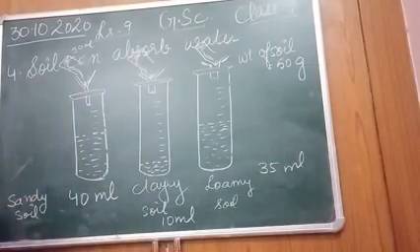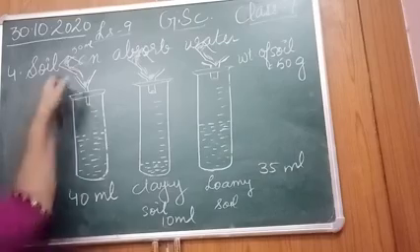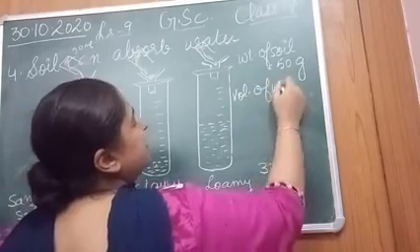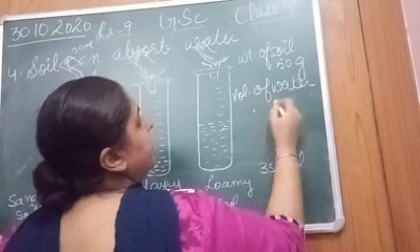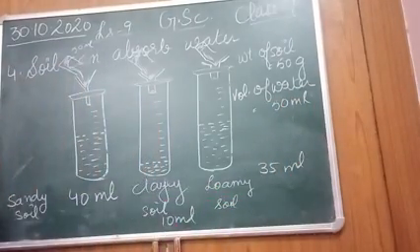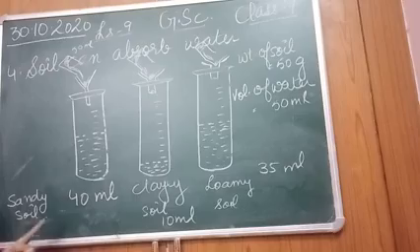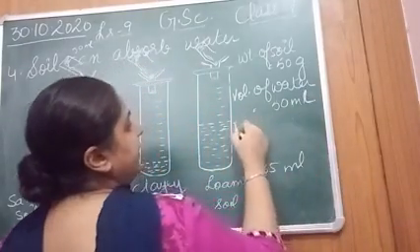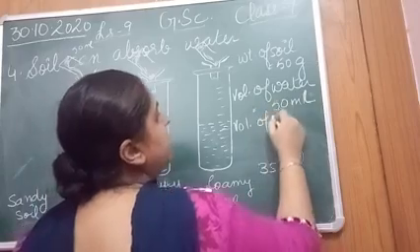Right? This I told you. Then the volume of water that you pour was 50 ml. Now, what is the amount of water collected? Volume of water collected.